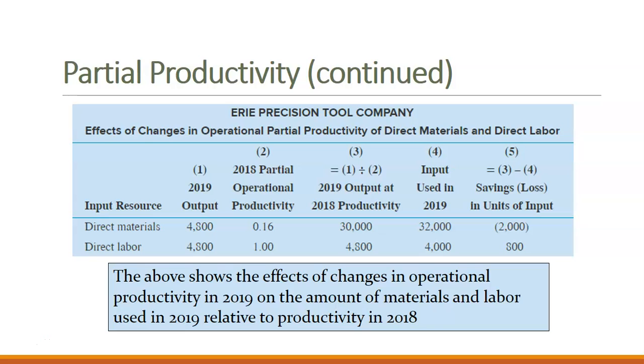We have our partial productivity for direct materials and labor, and we look at our output at that productivity level compared to the input. What we see is a savings or loss in units of input: a loss for direct materials and a savings for direct labor on that partial productivity.